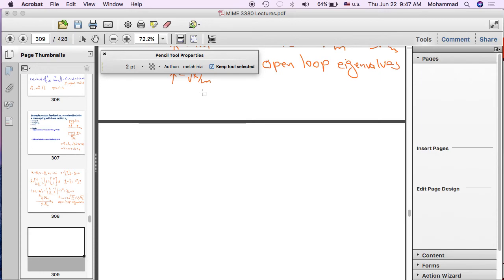For some reason this stopped working. So why don't I stop here and let you continue this example. So design an output feedback, a state feedback, and then we'll work on it together. Thank you.